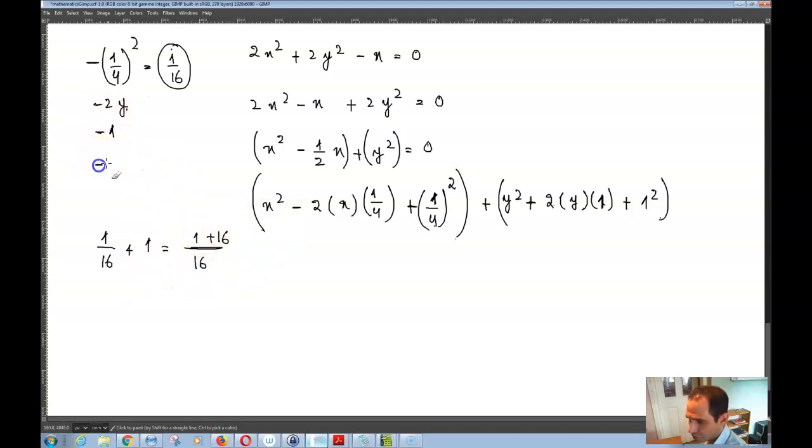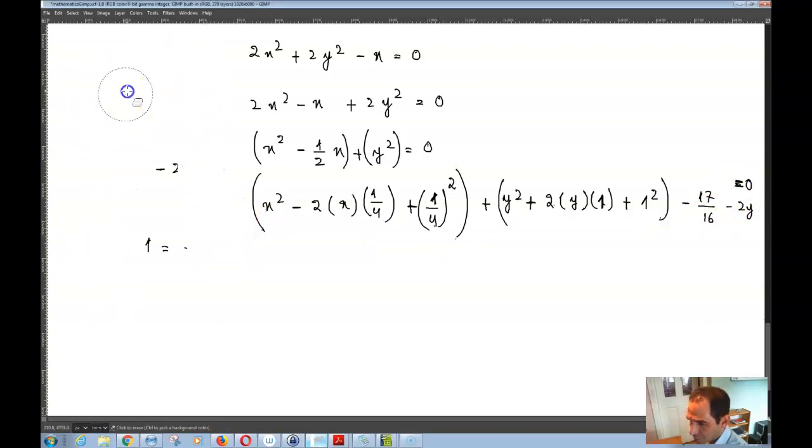So I have to subtract a 17/16 here, and also subtract a 2y. So I have to write this at the end of this thing over here. Negative 17/16 minus 2y is equal to 0. So now let's see if we can actually get anywhere with this.